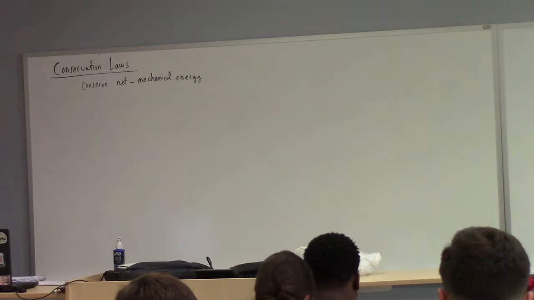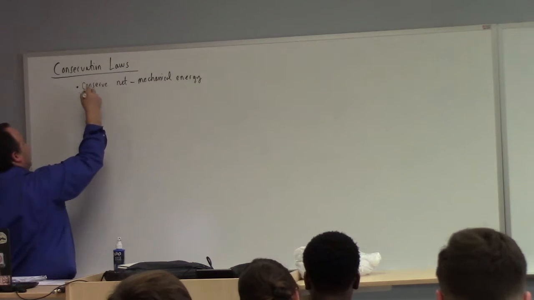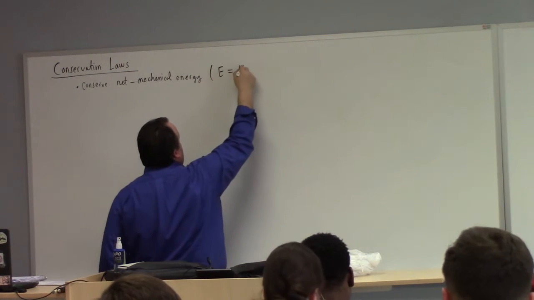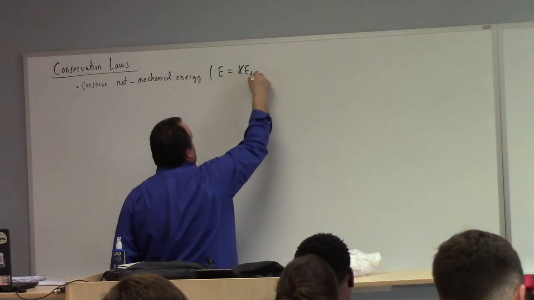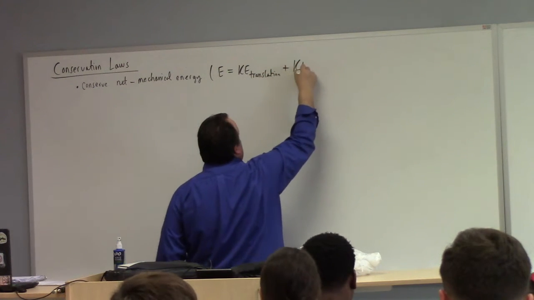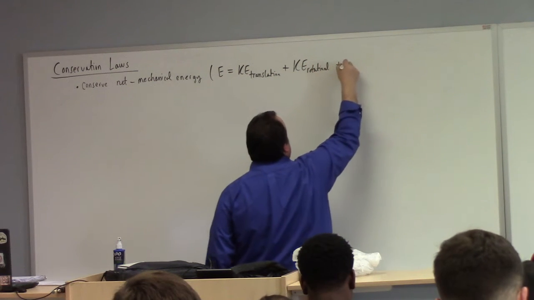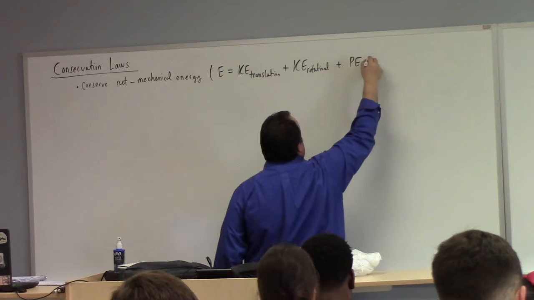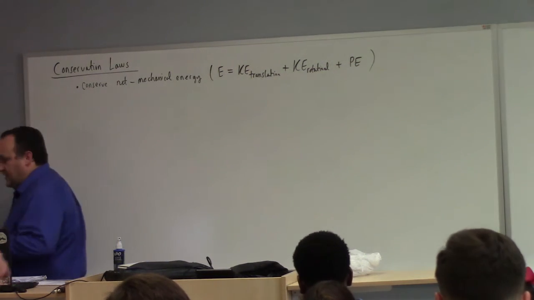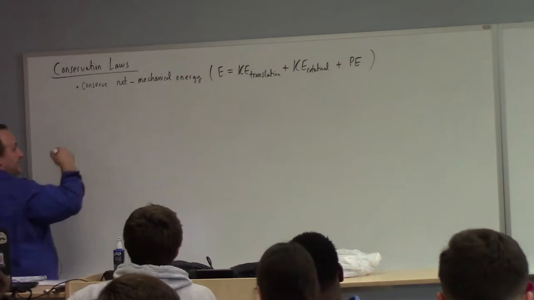We'll look at some examples today. Here you have energy: kinetic energy, translational, plus kinetic energy, rotational, and then plus any potential energy. For us, typically potential energy is just gravity, but the concept of potential energy is more general than just gravity. So that's one.